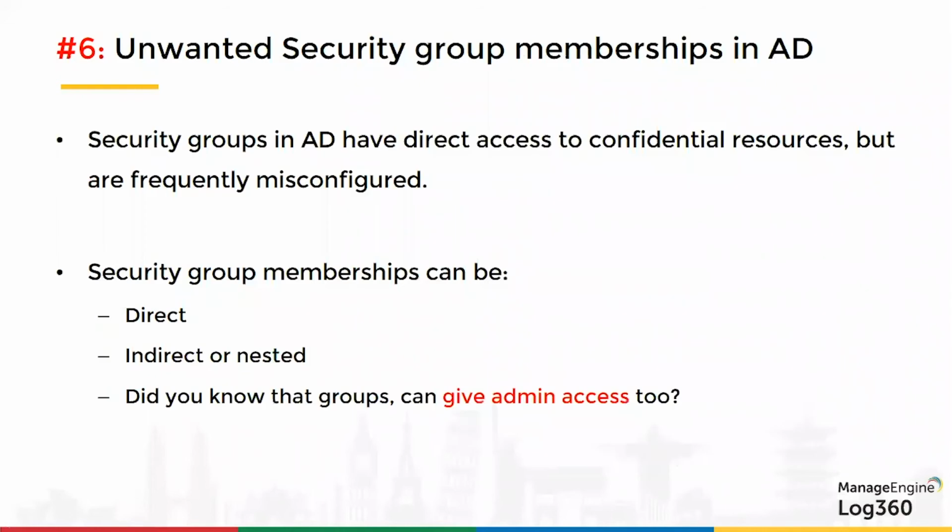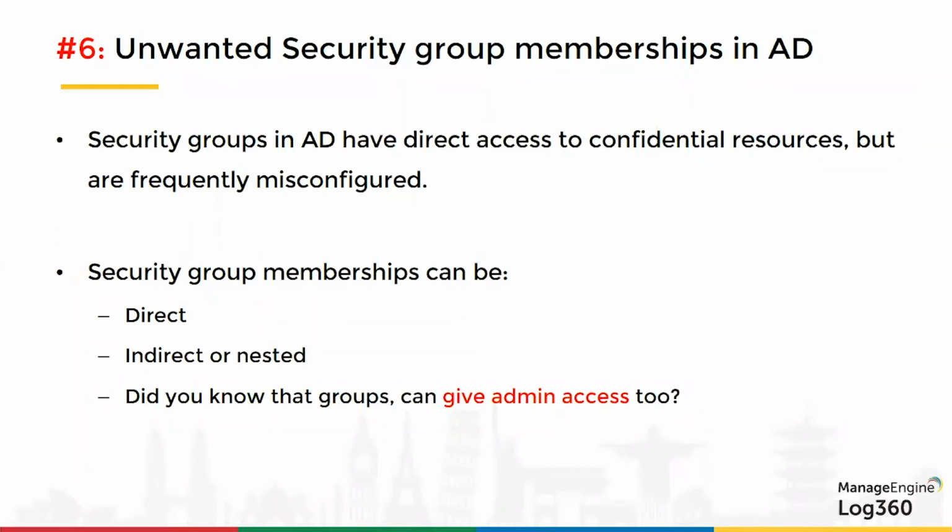Right? Sixth thing we're going to look into is unwanted security group memberships within Active Directory. Now, what do I mean by this? Active Directory has a lot of groups, domain admins, enterprise admins. The list simply goes on, and these group memberships must be monitored. Group memberships can be direct. Group memberships can also be nested.